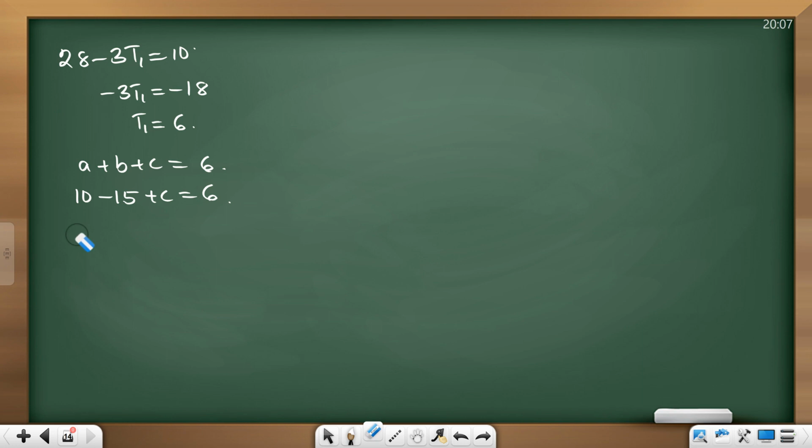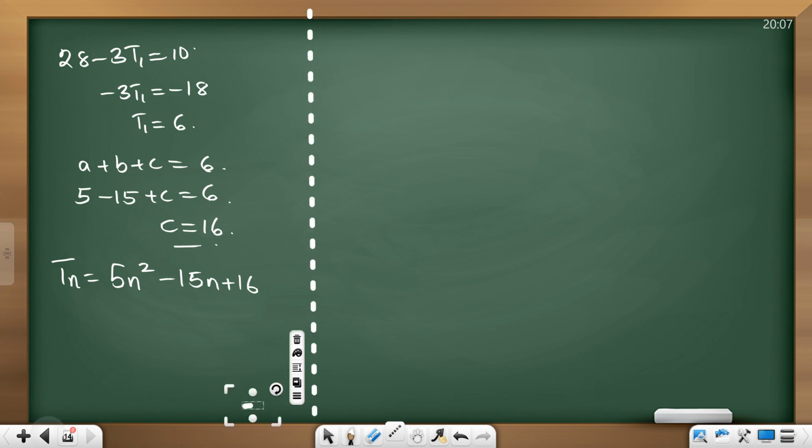What is our A? Oh, that's where the error is. Our A is 5. 5 minus 10 will give us negative 5. Whatever method, as long as we get that, our Tn is 5n squared minus 15n plus 16.